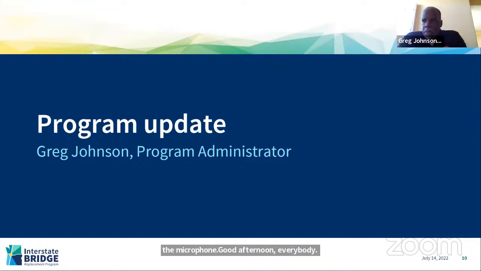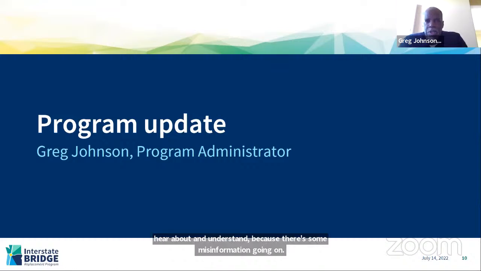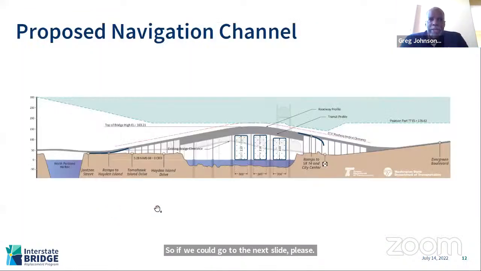The first two items on the program update, and a little bit later, I'll talk about where we are with the LPA, but there are two important issues that you need to hear about and understand, because there's some misinformation going on. So if we could go to the next slide, please. And next slide.